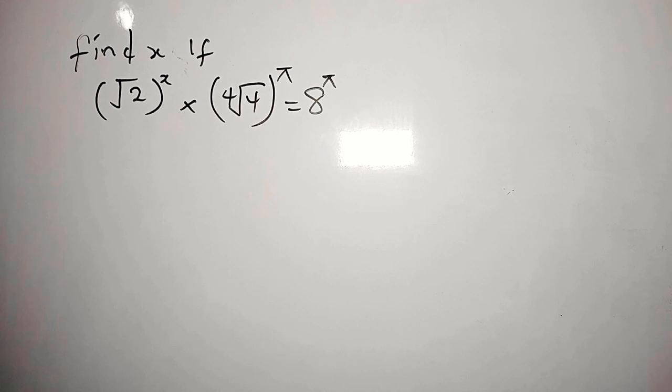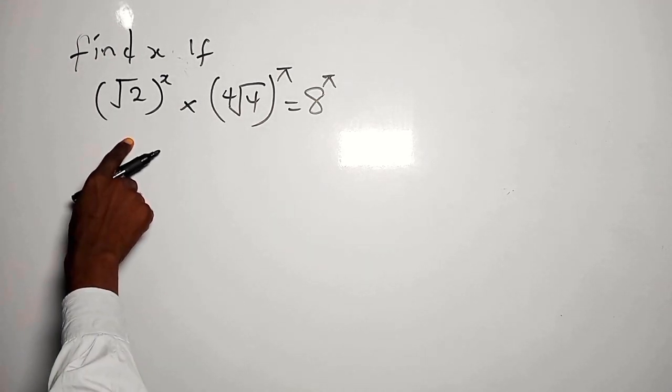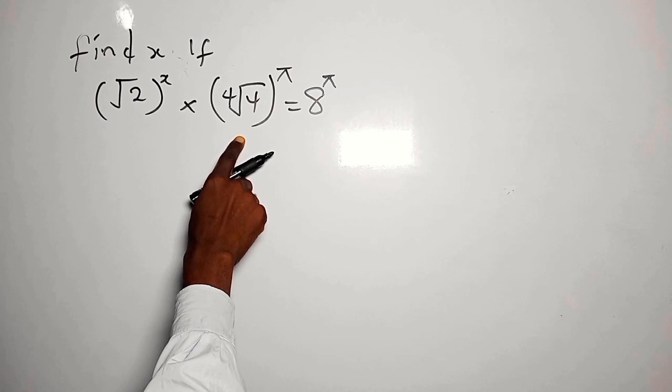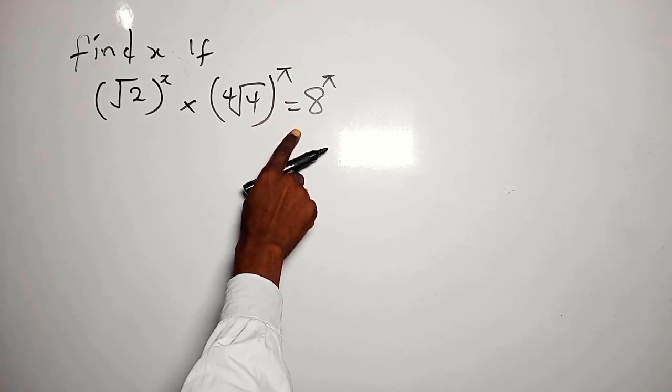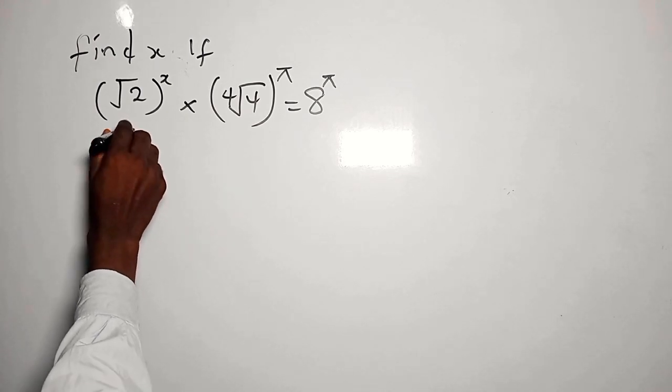The question says find the value of x in this equation, if root 2 raised to power x times the fourth root of 4 raised to power pi equals 8 raised to power pi. So how do we solve for x in this equation?